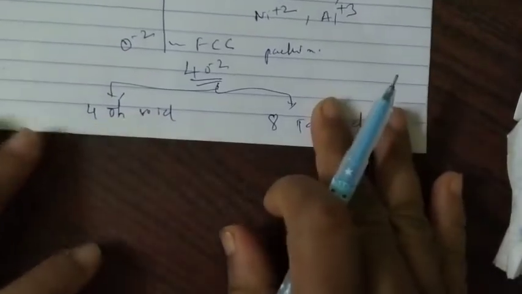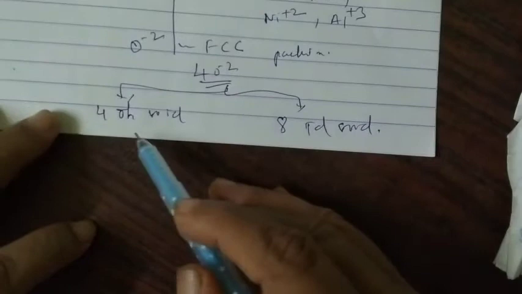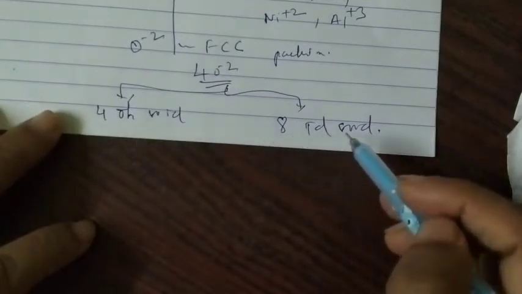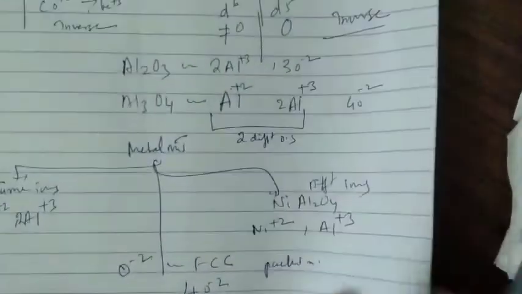So always there will be 4 octahedral voids and 8 tetrahedral voids. Keep this in mind.